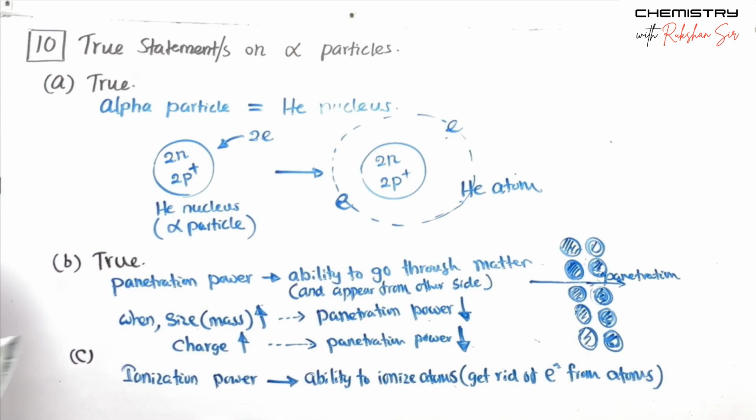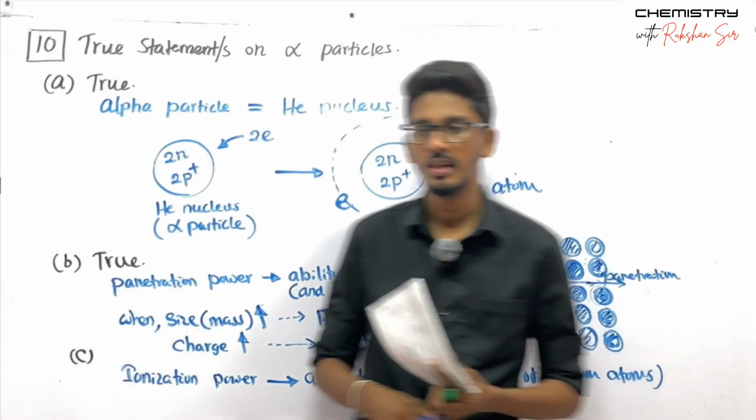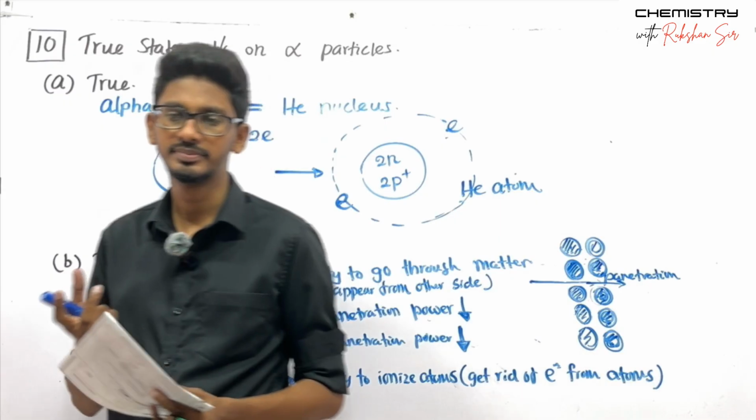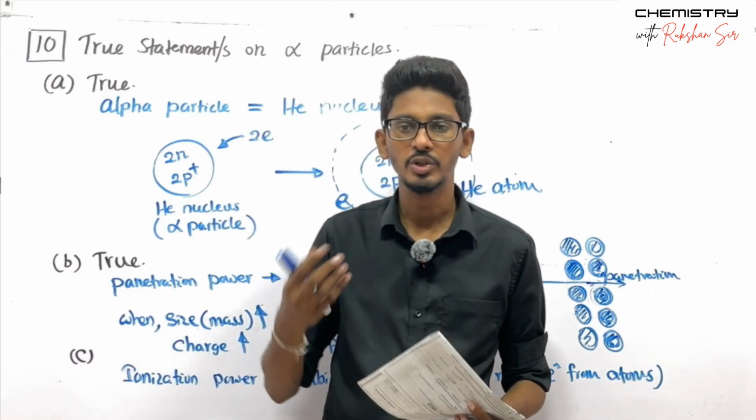That depends on charge as well as size. When you are of greater size, there is more probability for you to hit those electrons.